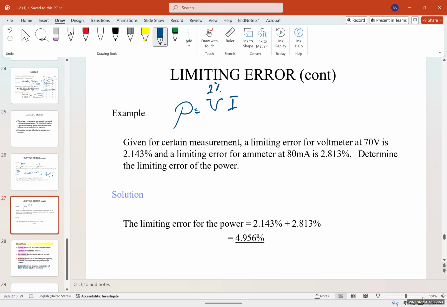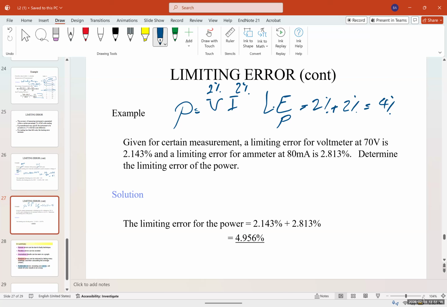So this voltage has 2% and this is 2%. But when we want to find the power, we don't multiply it. We actually add those errors together. So the limiting error of the power is going to be equal to 2% plus 2%, which is 4%.